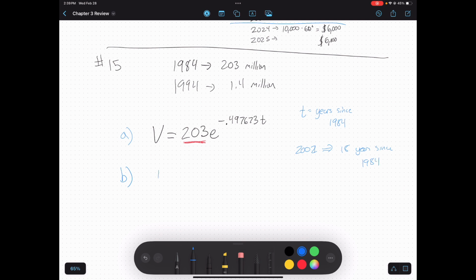So all this means is I'm going to plug in T equals 18 into this function and see what I get out. Remember, though, that your answer is going to be in terms of millions of products. So if it wants the answer just rounded to the nearest whole number, it's going to want your answer completely written out, not in terms of millions. So write it out first and then round to the nearest whole.